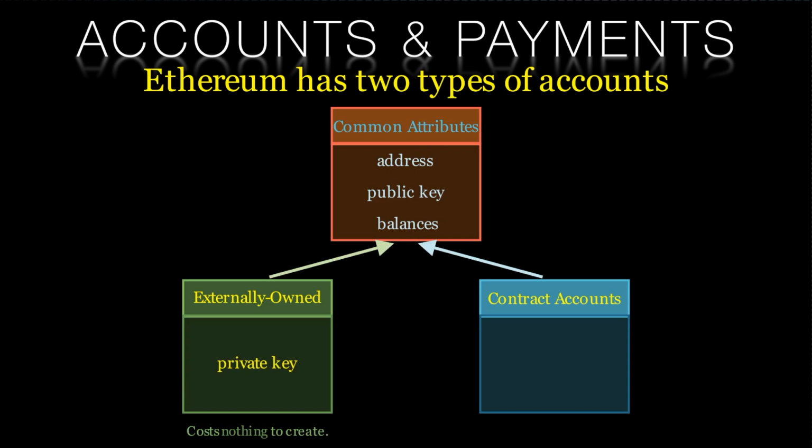Externally owned accounts are controlled by a private key, and they cost nothing to create. Contract accounts, however, have no private key. They're controlled by their contract code. As deploying them makes a material change to the Ethereum blockchain, there is a gas cost to deploy a contract account.